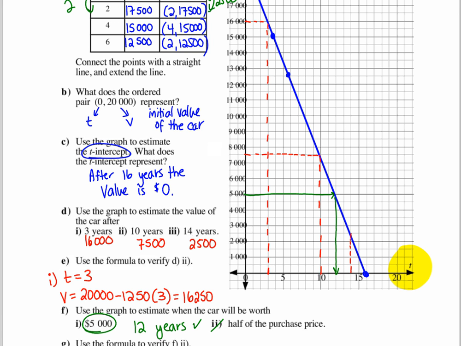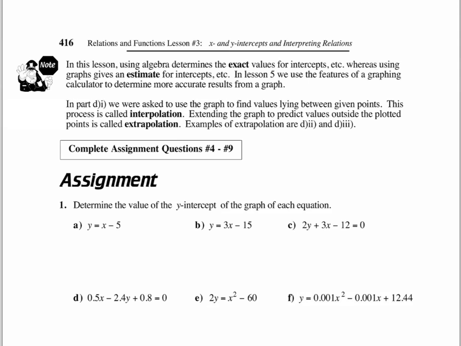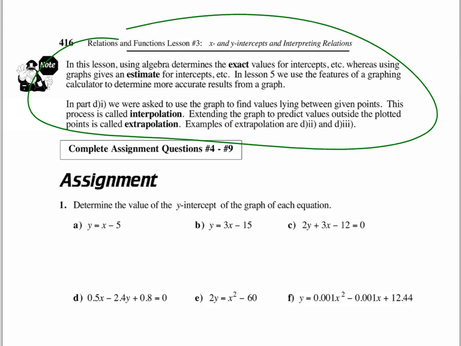Inside. Interpolation is inside the given values, in between. Extrapolation is beyond the diagram or the graph, beyond the given values. It's not a very big concept in this unit. It's just more of a review of terminology.